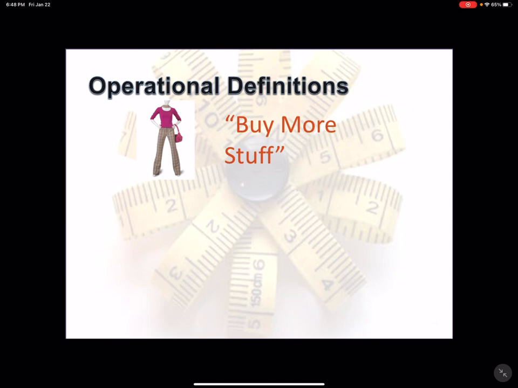We'd have to totally dress those mannequins up because the company believed that if people saw accessorized mannequins, then they would buy more stuff. So that's a hypothesis. If people see more accessorized mannequins, then they will buy more stuff.